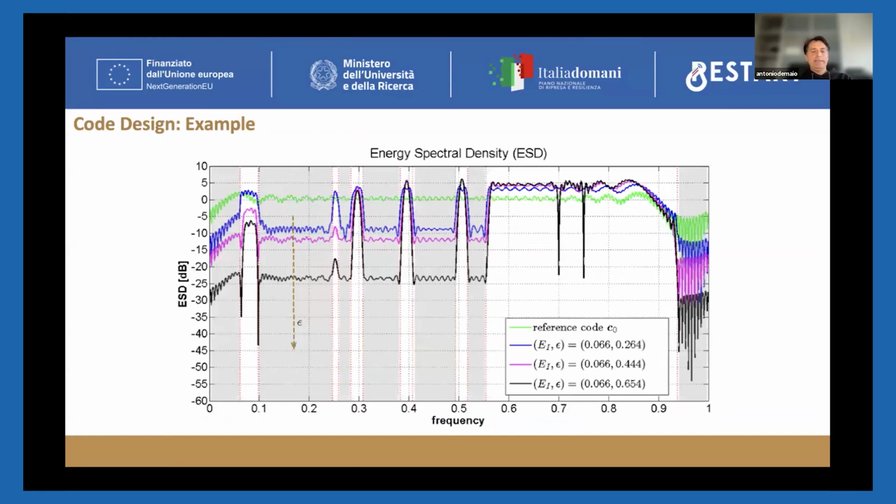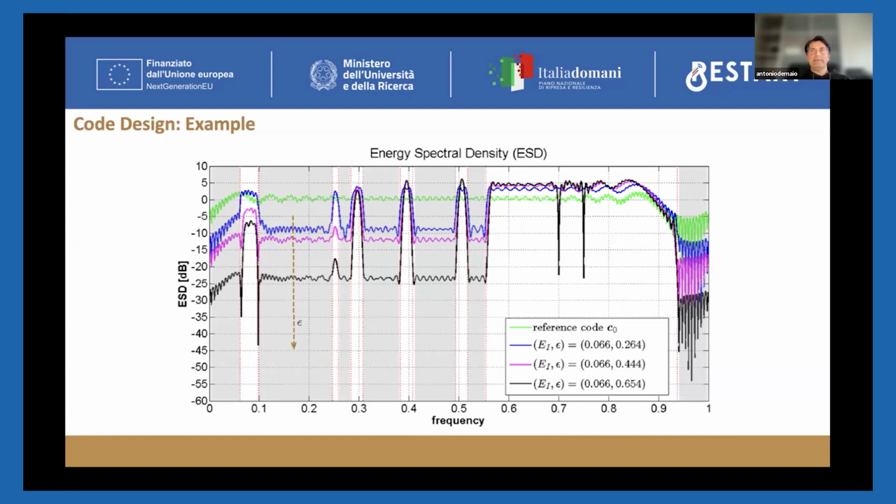And here we can see the energy spectral density of the signals that are synthesized for the mentioned operative points versus the normalized frequency, together also with that of the reference code, which is the green curve. You can notice that the reference code does not account for the presence of the overlaid radiators.